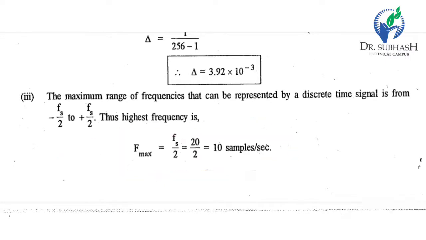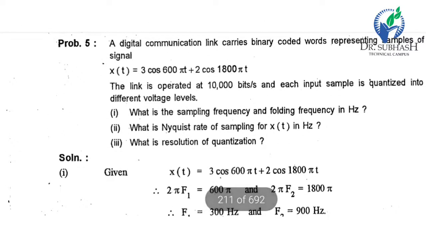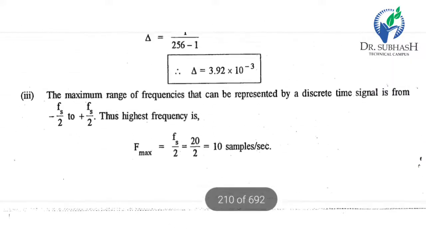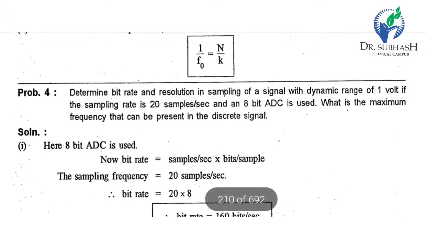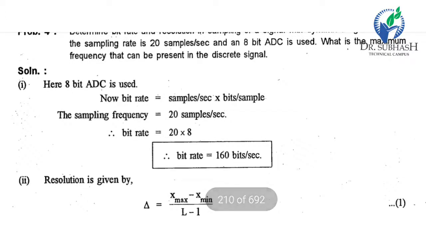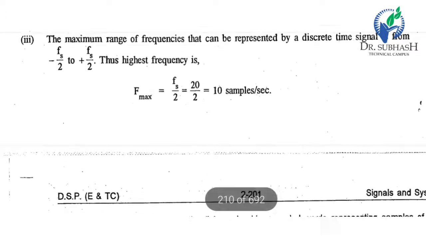So the maximum frequency that can be present in the discrete time signal is 10.